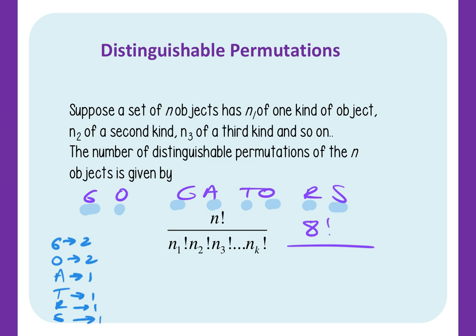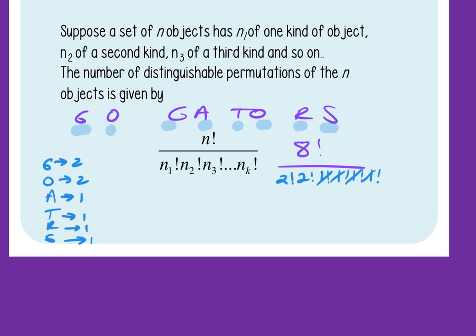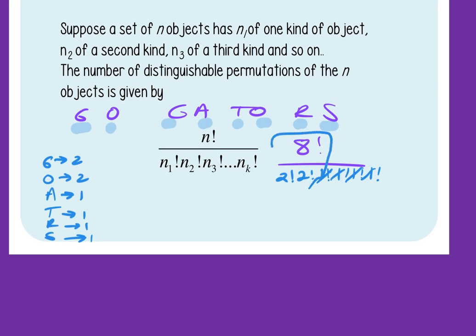And I could multiply all those factorials out in the denominator: 2 factorial, 2 factorial, 1 factorial, 1 factorial, 1 factorial, 1 factorial. But what is 1 factorial? Just 1. So I really don't need anything that's just there once. I only need to put in my denominator the ones that occur more than once. So this would be 8 factorial over 2 factorial times 2 factorial.